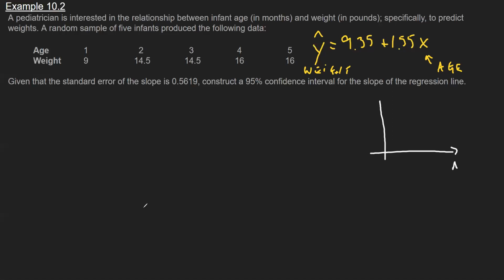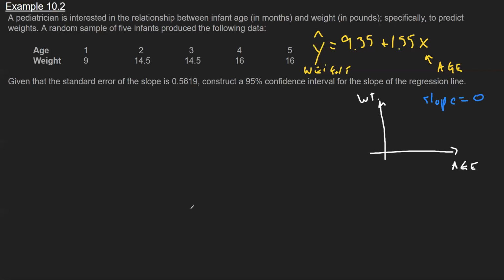so what we have is we have age, and then we have weight. Our objective here is to find, is there a significant relationship between age and weight, specifically a linear one? So meaning as x gets bigger or smaller, is that going to influence the weight? Now, what we're going to compare it to is a line with slope equals 0.